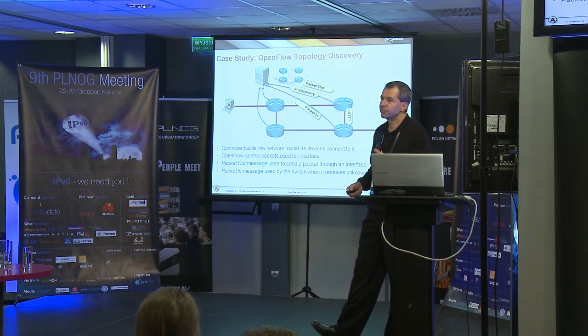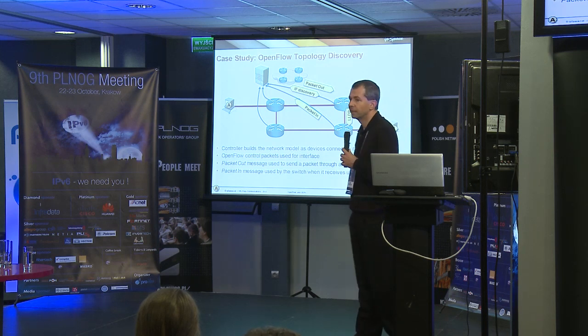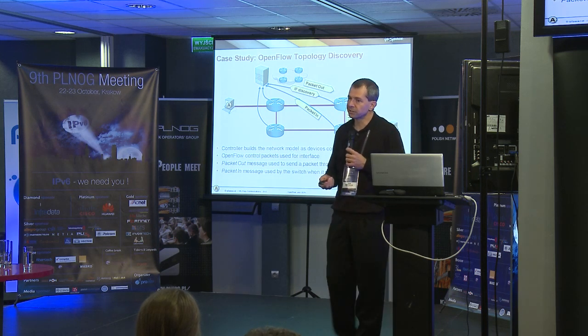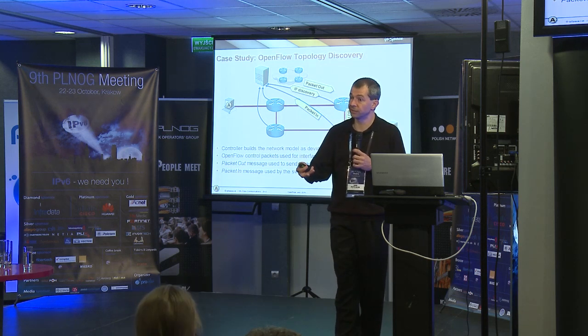The other problem is also that existing hardware has severe limitations in how many flow entries you can download into it. So right now you can download between 700 and 1,000 flow entries per second, which is okay if you have a small network and you only do topology changes.